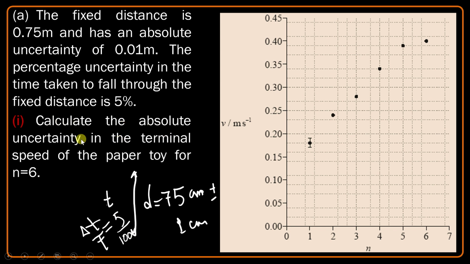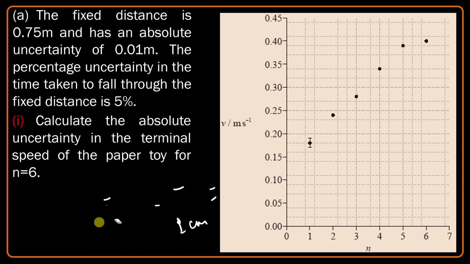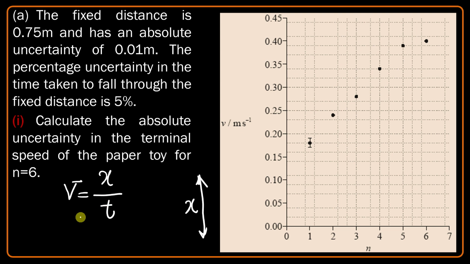Okay, calculate the absolute uncertainty in the terminal speed of the paper toy for n equals 6. We are going to find the absolute uncertainty, but you may remember that speed and time and distance are related like this. If the fixed distance is going to be x, we can write v is equal to x over t. Okay.